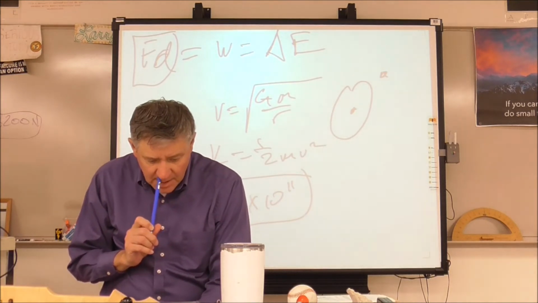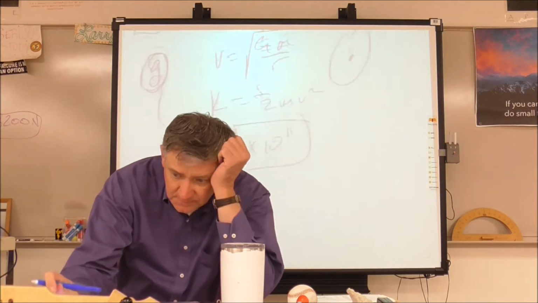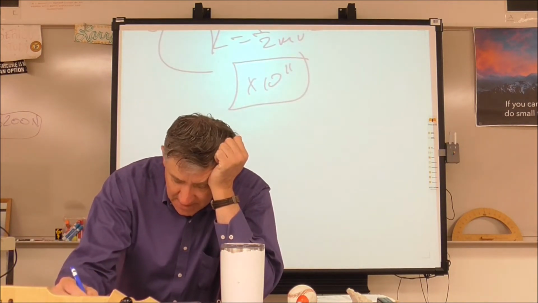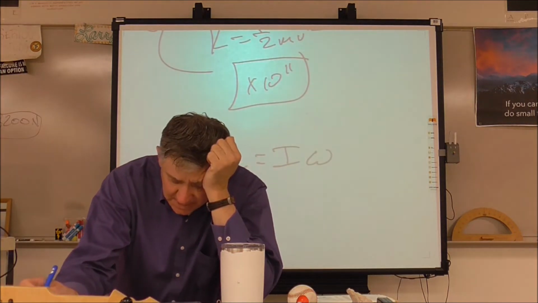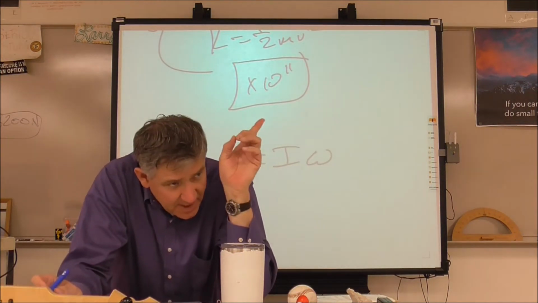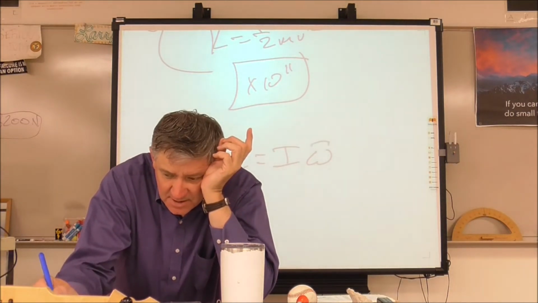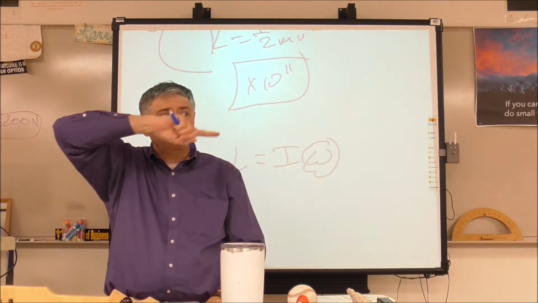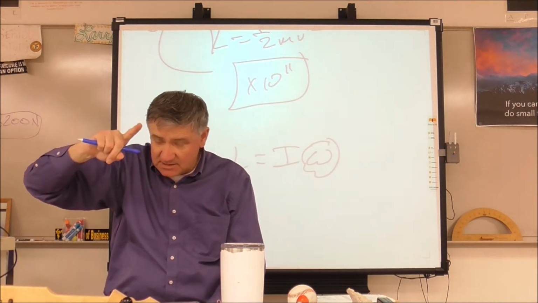On I, you want to calculate the angular momentum, so you're going to use L equals I omega. Now, you have to be careful with this omega. This omega is not the omega that you found when it was spinning around on its axis.